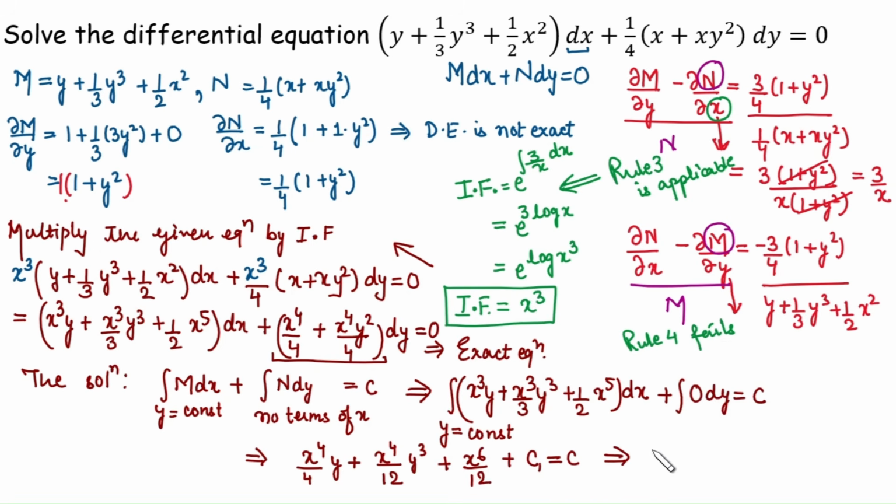This implies x raised to power 4 into y by 4 plus x raised to power 4 by 12 into y cube plus x raised to power 6 by 12 is equal to a new constant c2, where c2 is equal to c minus c1. So this is the final general solution of this differential equation.